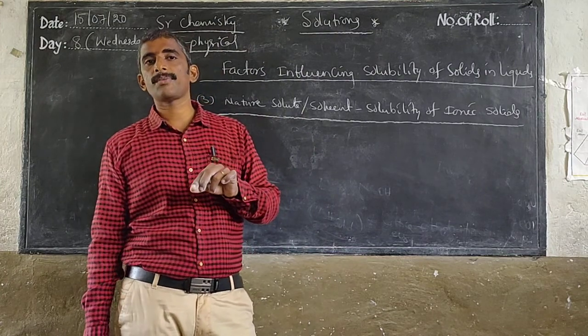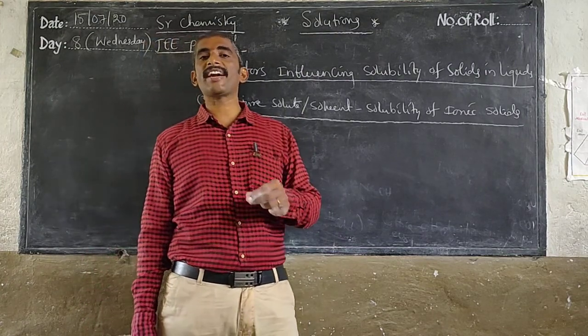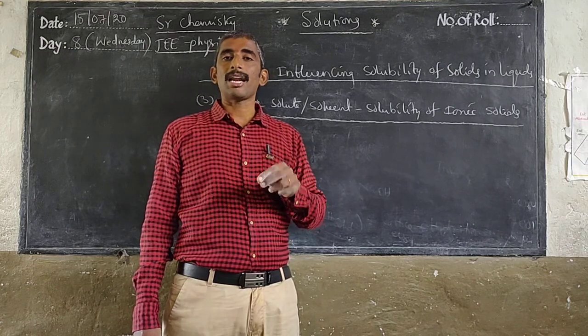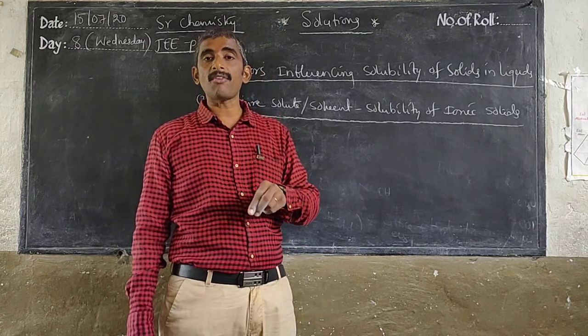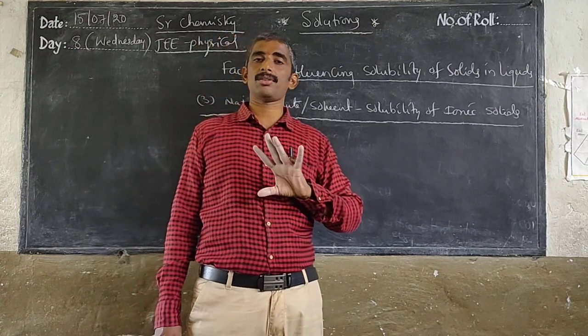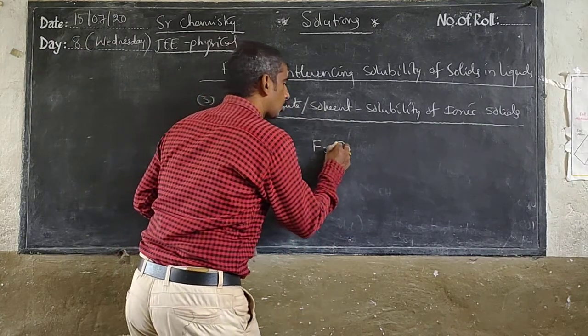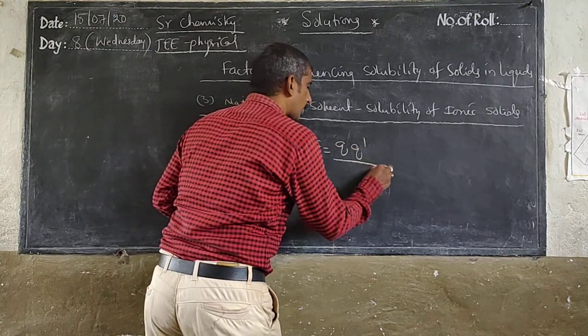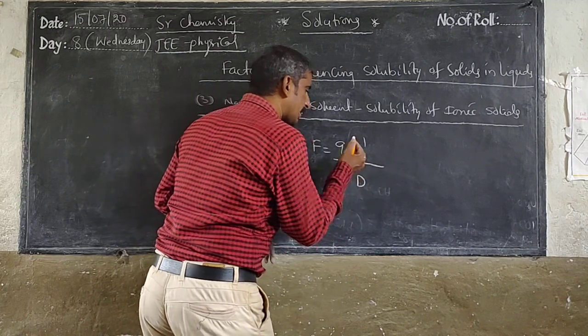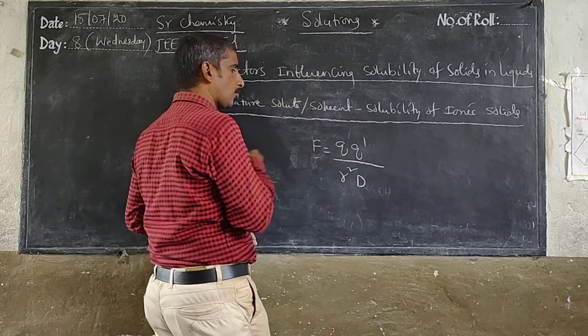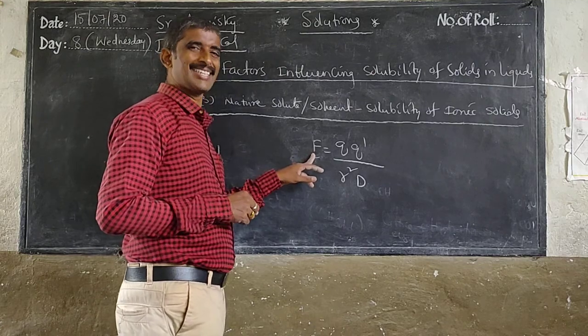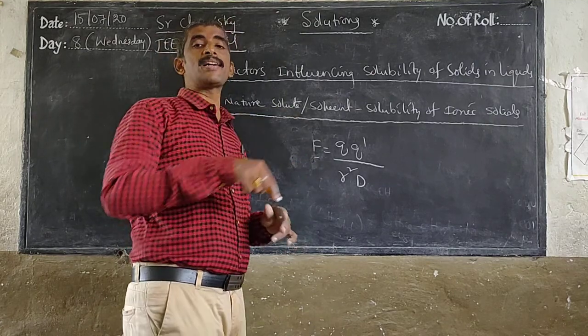Generally, lattice energy depends on the electrostatic force of attraction of oppositely charged ions. It is represented by F equal to Q1 Q2 by R square D. Here F means force, F means lattice energy.